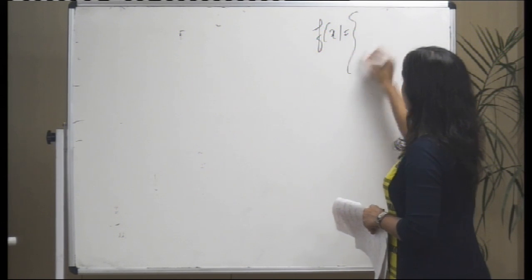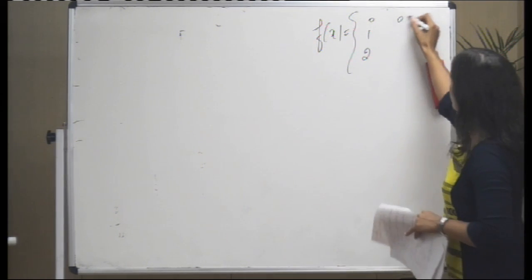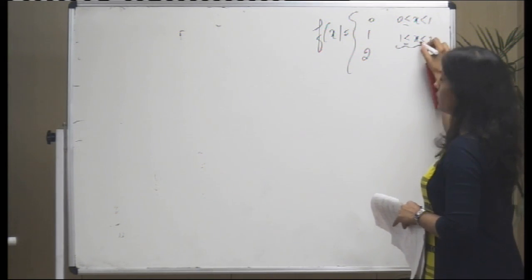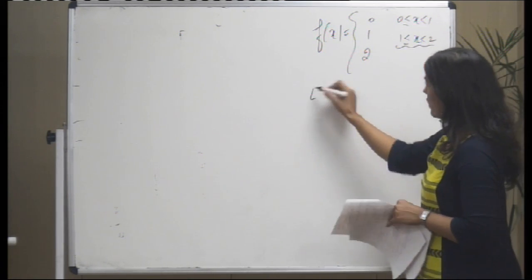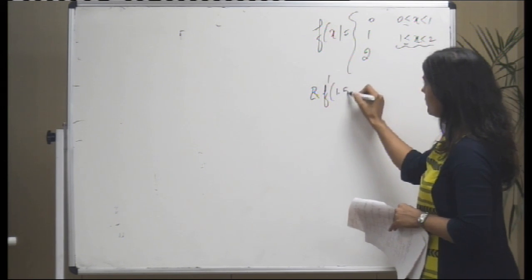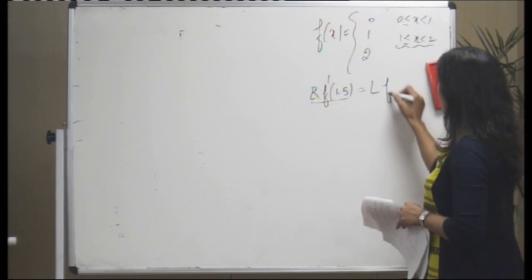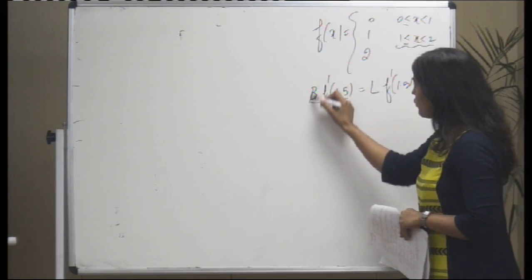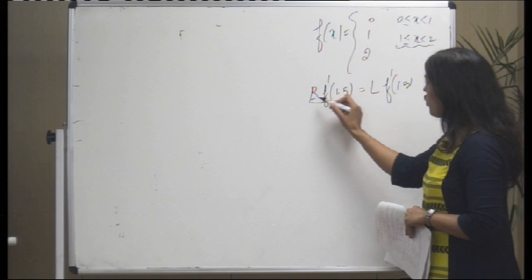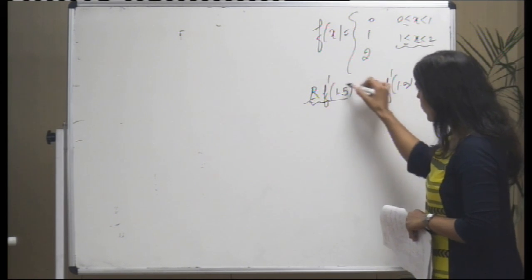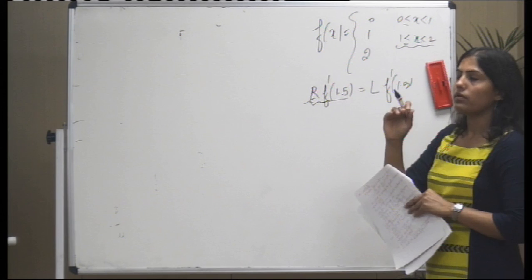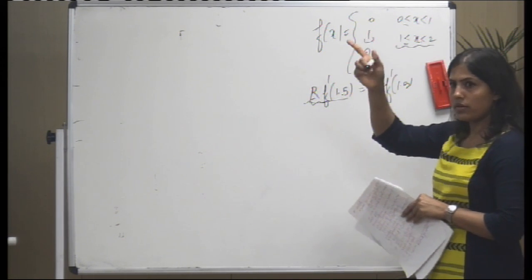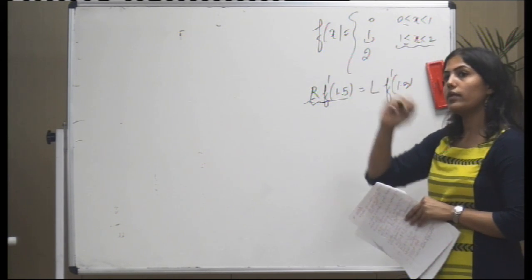I write 0, 1, 2: 0 less than x less than 1, 1 less than x less than 2. Take any point here. Your right hand derivative at that point should be equal to the left. Direct method I am using. For 1.5, the value of the function is 1, so the derivative will be 0.